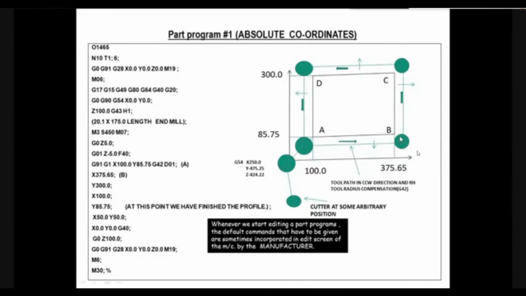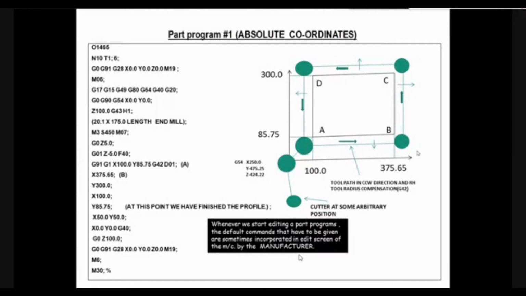From B it cuts along BC up to C, and from C along CD up to D. Again the cutter cuts the material along DA from D to A, and then it is taken back to 50, 50, a position away from the workpiece, and then cutter compensation is cancelled and it is taken back to origin O.